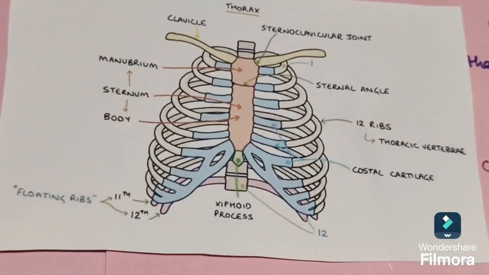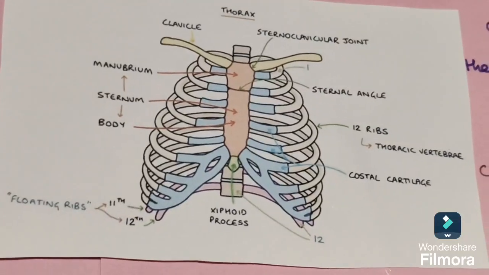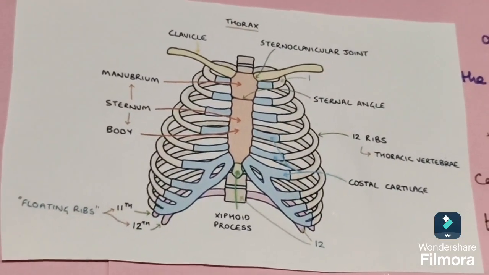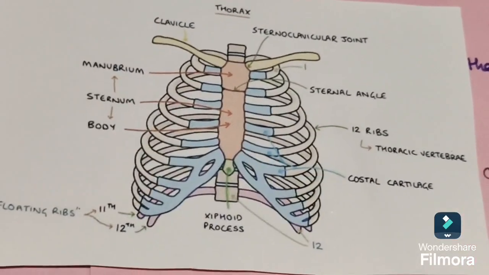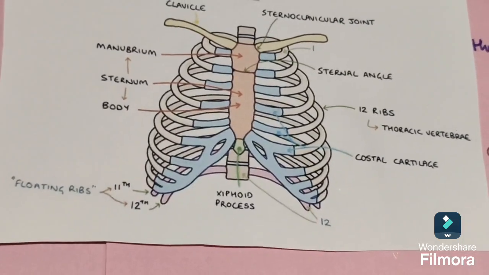There are 12 ribs, one for each thoracic vertebra. The ribs are labeled 1 to 12 corresponding to the vertebrae.